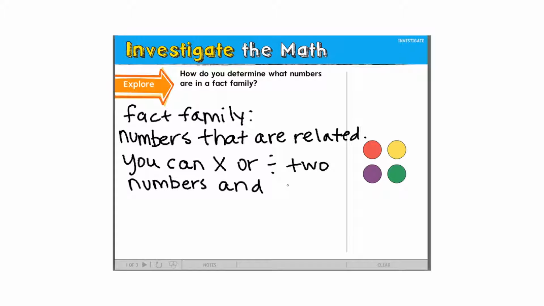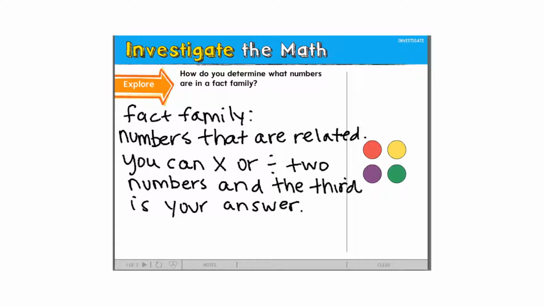And the third is your answer. So a fact family is made up of three numbers. Every time, a fact family is made up of three numbers.